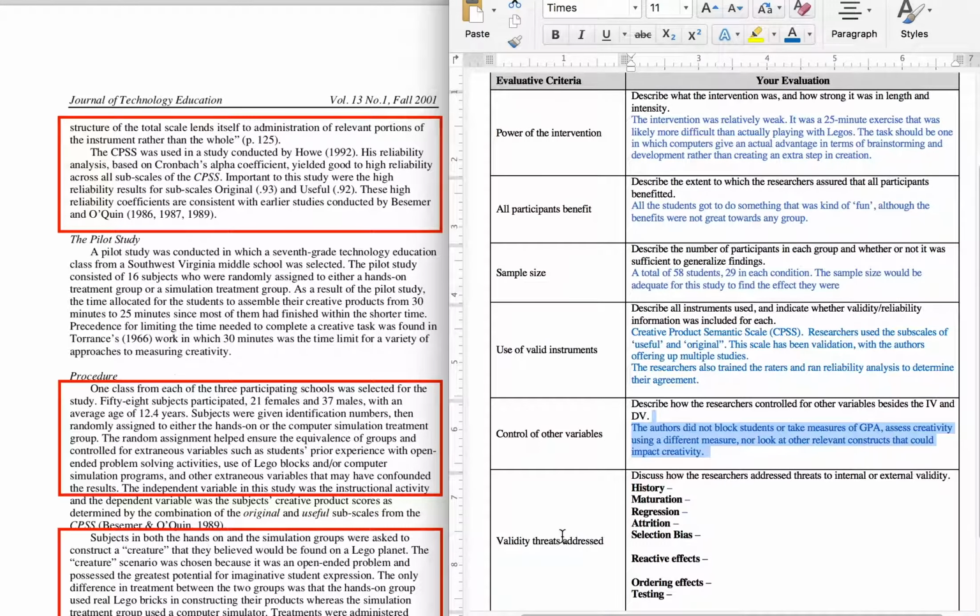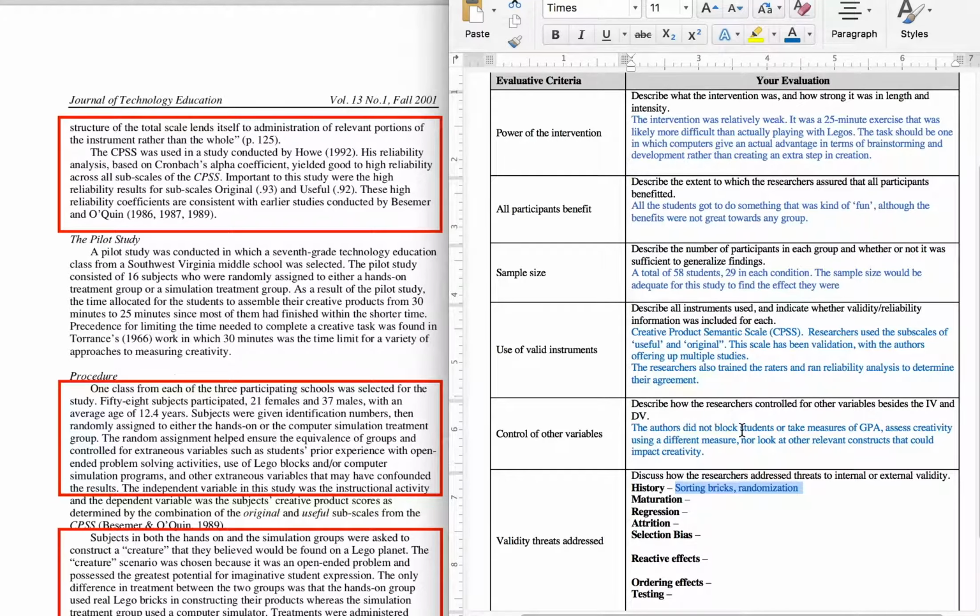The last thing I want you to look at is the validity threats assessed. And these are the ones I want you to look at: history, maturation, regression, attrition, selection bias, reactive effects, ordering effects, and testing. Okay, so for history, right? History, as we recall, is this idea of anything that happens during the experiment or prior to the experiment.